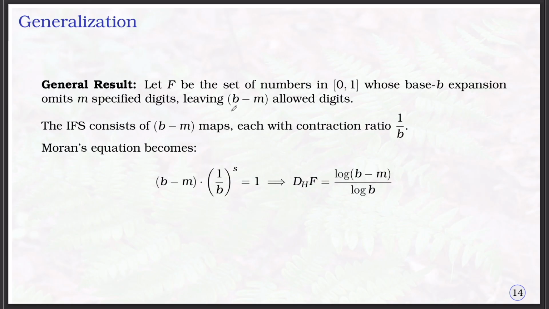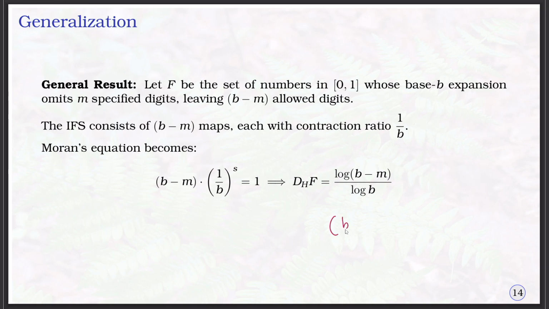Now this result can be generalized. Let F be the set of numbers in the closed interval [0, 1] whose base b expansions omit m specified digits, leaving b minus m allowed digits. Then the IFS consists of b minus m maps, each with contraction ratio 1 by b.